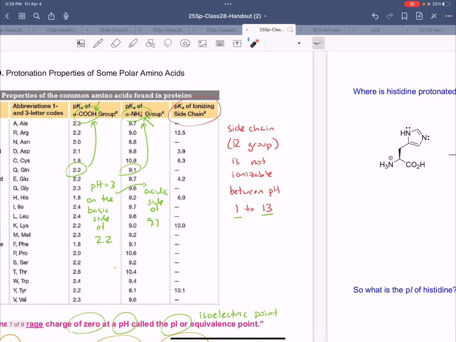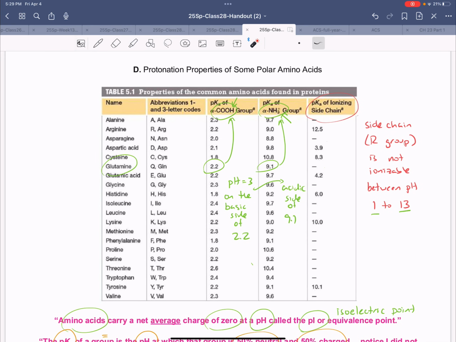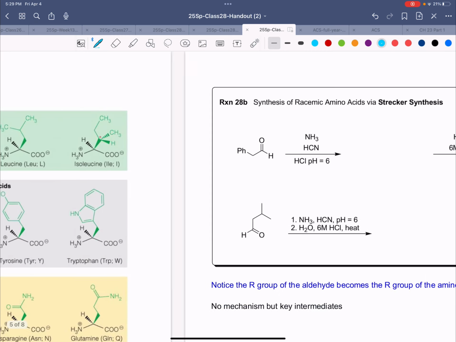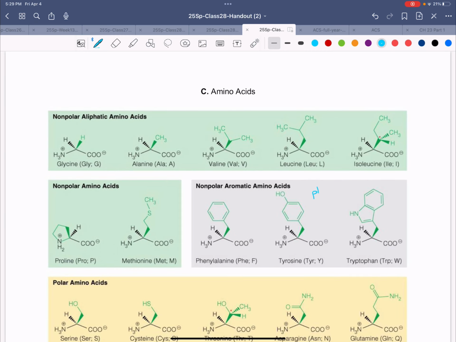Look at tyrosine, the pK for its side group. Okay, so this is a longer video than I had planned. Let's continue. We have a little bit of momentum. 10.1, tyrosine. So I'm going to put here pKa equal to 10.1.